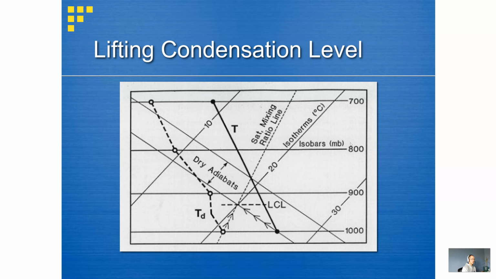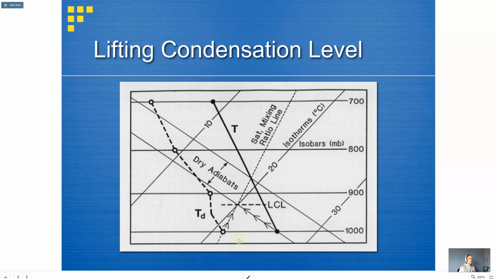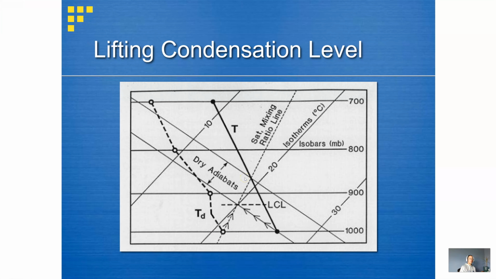So we want to be a little careful of that, and sometimes averages may be used in the lowest levels of the atmosphere. But here we're simply going to take our surface dew point and draw a line upward along a saturation mixing ratio line. We may have to interpolate between different lines because rarely are things going to fall exactly on any of these lines in our thermodynamic diagram.